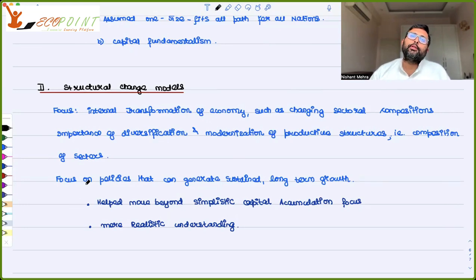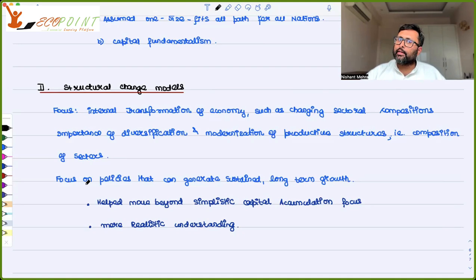Structural change models say that there is an internal transformation of the economy which has to happen, from agricultural sectors to industrial and then to the services sector. So there is a sectoral compositional change which has to occur for development to occur. That is the main idea. In these models, importance is given to diversification and modernization.